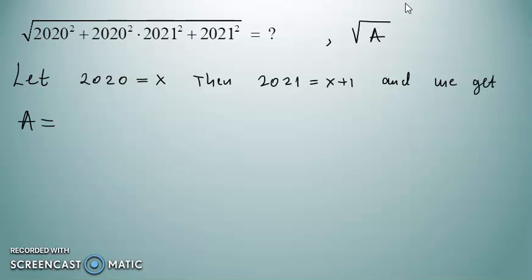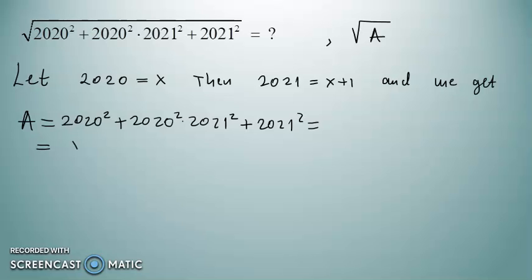Now, 2020 squared plus 2020 squared times 2021 squared plus 2021 squared becomes what? 2020 was denoted with x, so x squared plus x squared times (2021 is x plus 1) x plus 1 squared, and at the end we have x plus 1 squared.